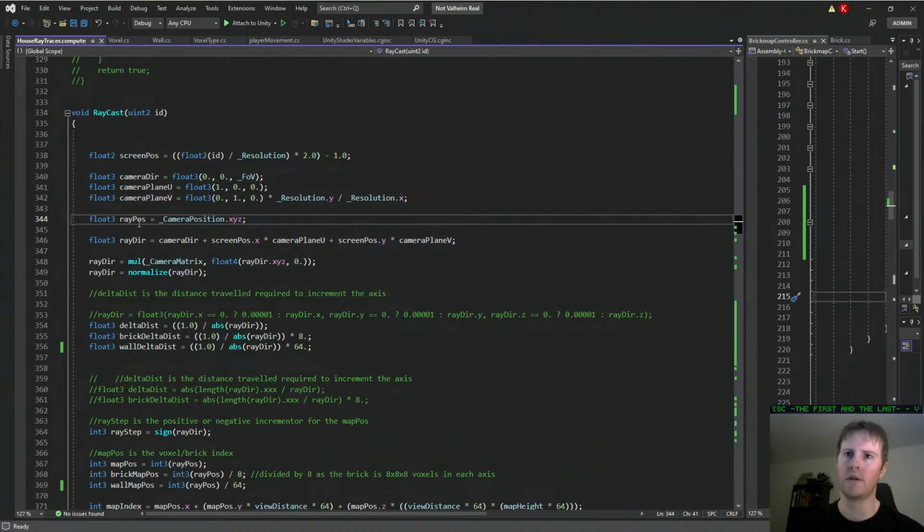We could try doing something with this. I'm not storing the current ray position exactly.